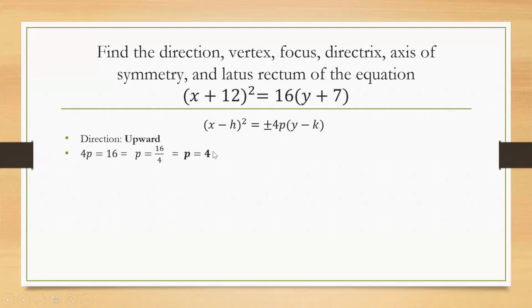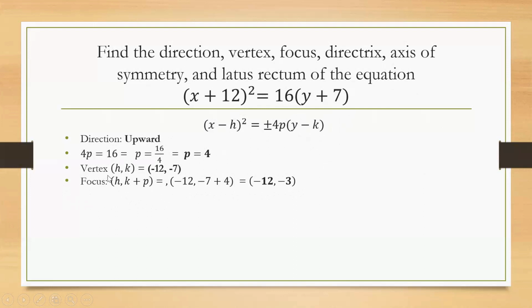Now for our vertex, simply look at our h and k. So that's -12 and -7. For our focus, now since y is not being squared, then that's the variable that we will be manipulating for our focus and directrix.